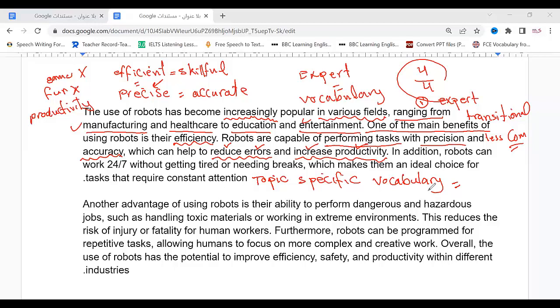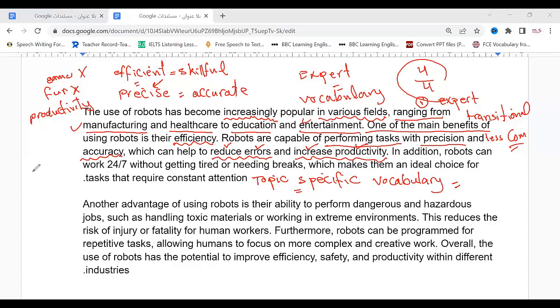in his field. Like the doctor used topic-specific vocabulary related to medicine. So he is an expert in using the terminologies related to medicine. The carpenter is using topic-specific vocabulary that is related to his art craft or to his job.